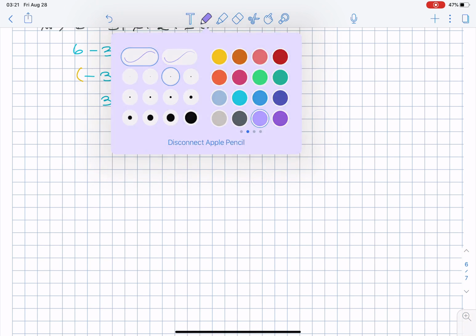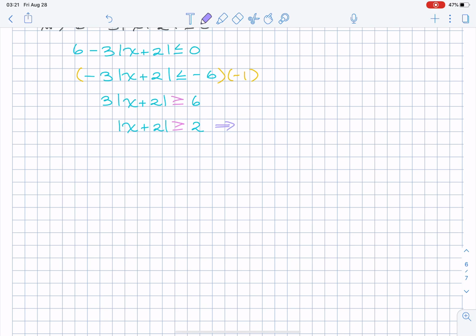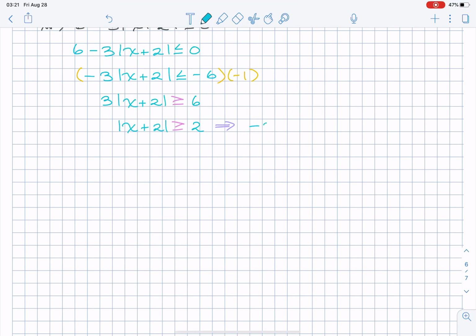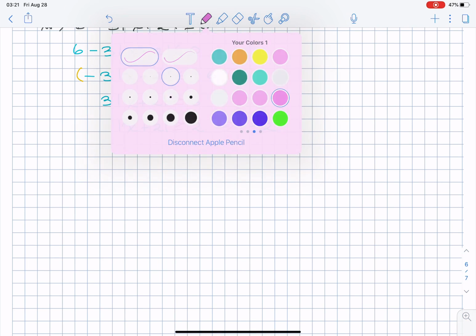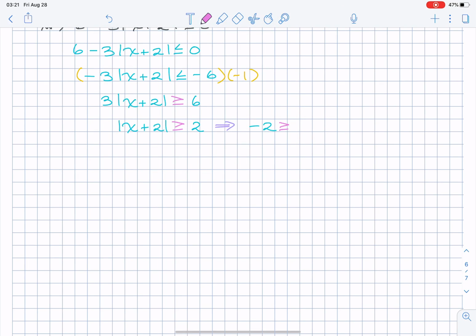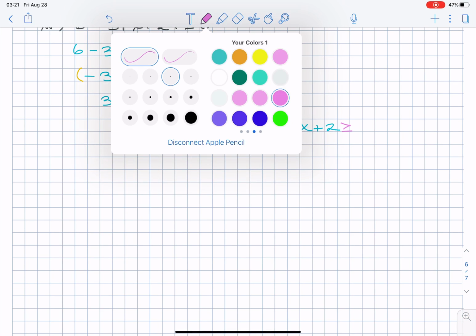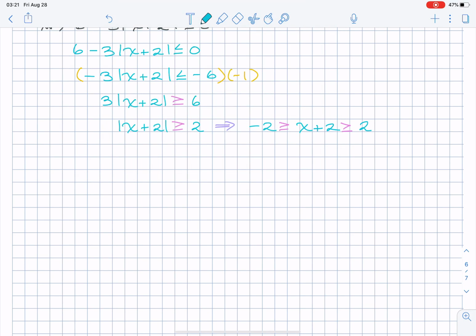So now I can rewrite this with a negative 2 on the left, greater than or equal to what's inside the absolute value, x plus 2, let me not forget that this time, is greater than or equal to a positive 2 on the right.